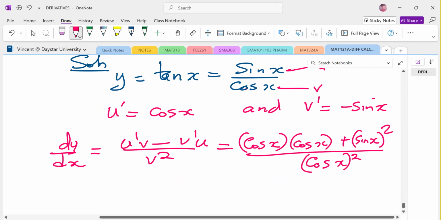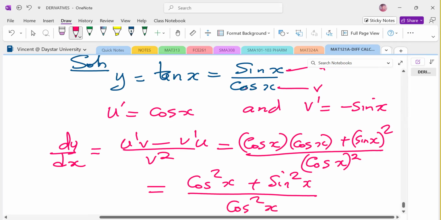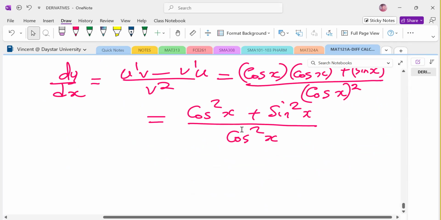So cos times cos is cos squared x, then plus sine squared x, divided by cos squared x. Now cos squared x plus sine squared x is 1.